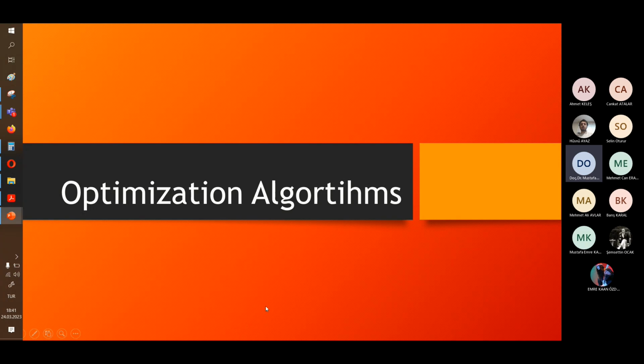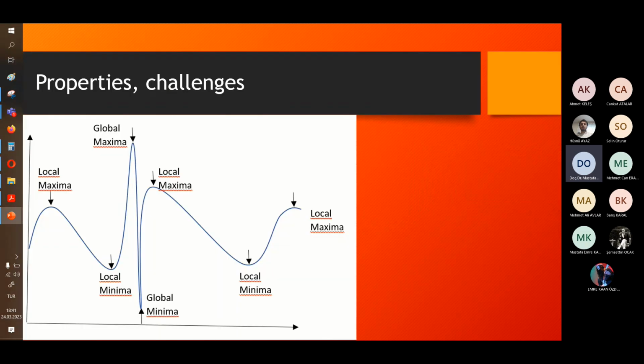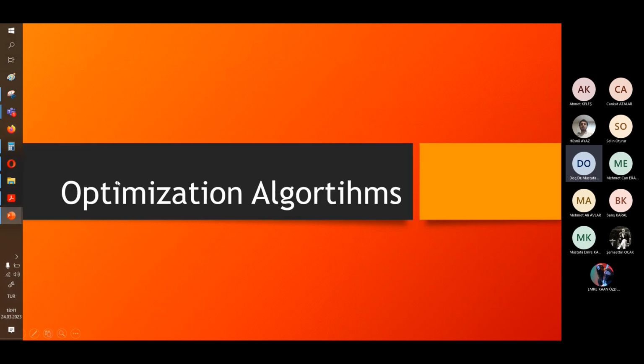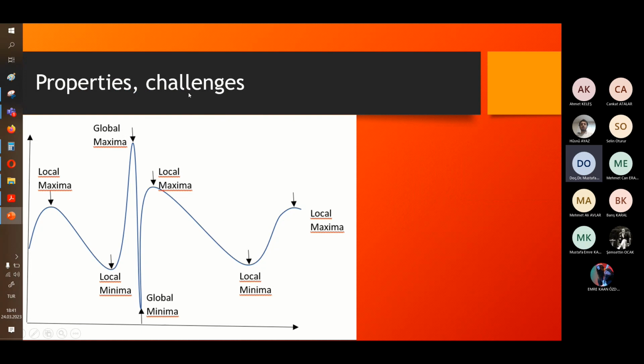But first of all, from now on, we will be dealing with algorithms that are not deterministic, but have some arbitrary solution. They contain some heuristics, but they are random heuristics, okay? We will be talking about this later on. But first of all, let's talk about optimization algorithms and their properties and what are the challenges.